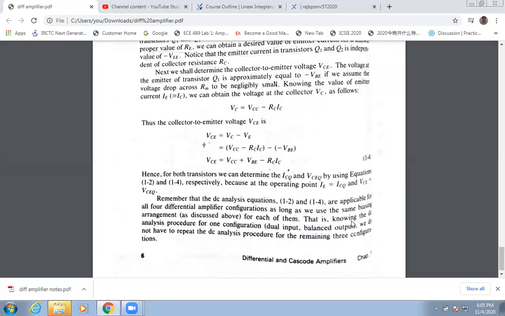That is, knowing the DC analysis procedure for one configuration, that is dual input balanced output, we do not have to repeat the DC analysis procedure for the remaining three configurations, because equations 1.2 and 1.4 are applicable to all the configurations of differential amplifier.